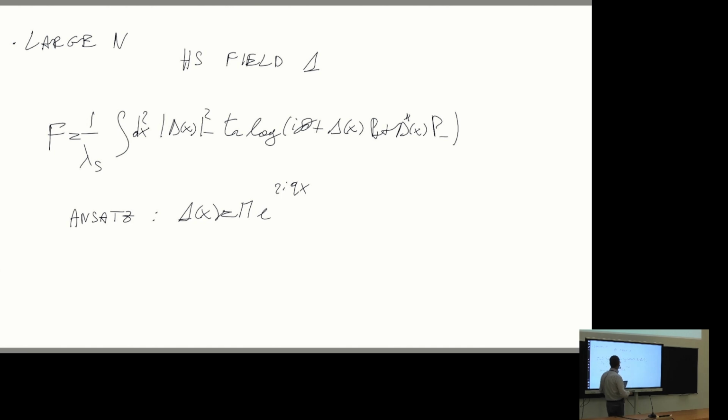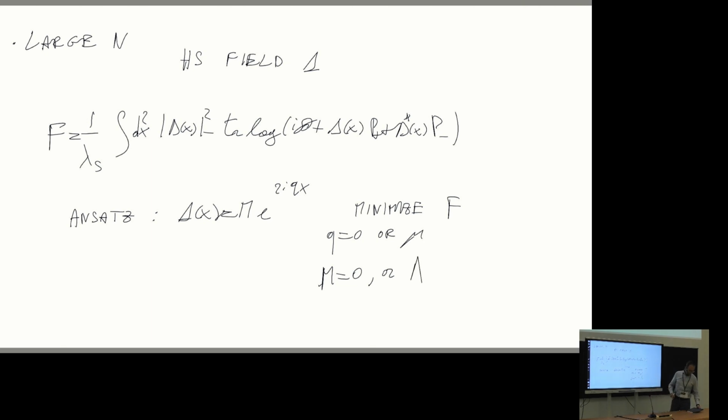So you have two parameters, m and q, and then you minimize the free energy. And what you get is precisely what we expect. So if you minimize f, you get that q is either 0 or mu, and m is either 0 or the dynamically generated scale.